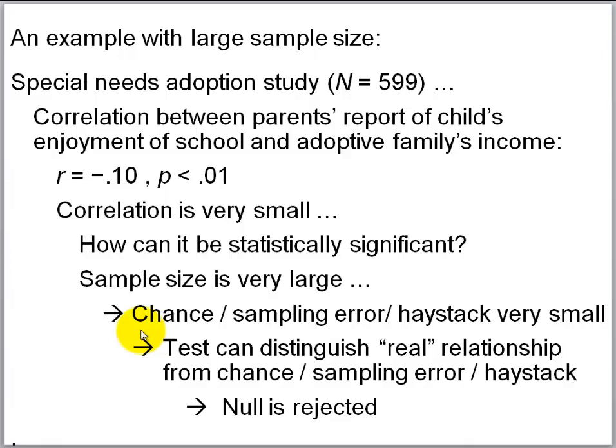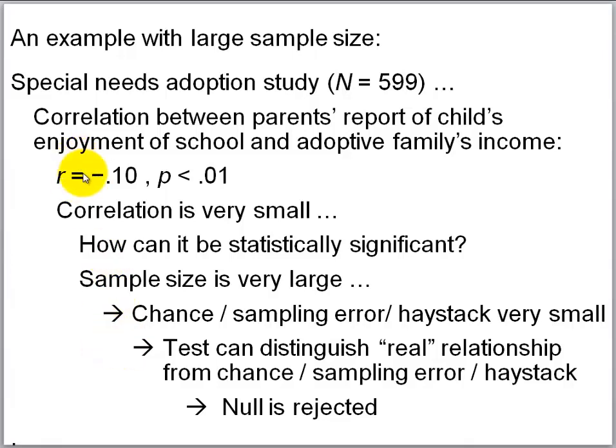And another way to say it is that you can be confident that the study result is indeed close to the population condition. The job of the test is to distinguish between real relationship and sampling error. With very large sample size, we can be confident that there's very little sampling error, and thus quite small differences are sufficient to reject the null.